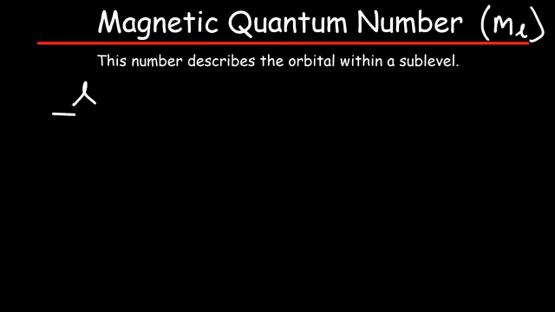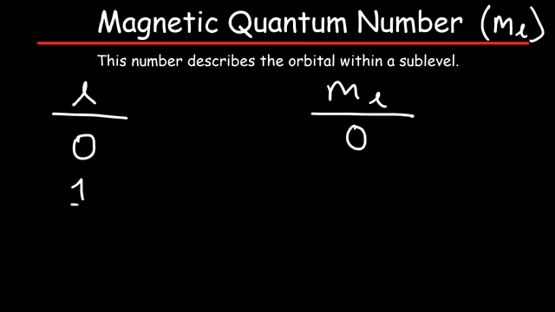So as we said before, L is the angular momentum quantum number, m sub L is the magnetic quantum number. When L is 0, we have the s sublevel, and ml can only be 0. When L is 1, we have the p sublevel, and the p sublevel has 3 orbitals. The first one has the ml value -1, the second one is 0, and the third one has an ml value of 1.